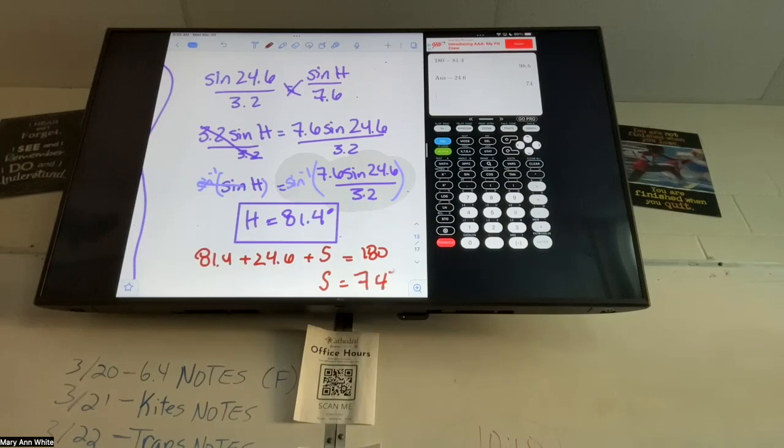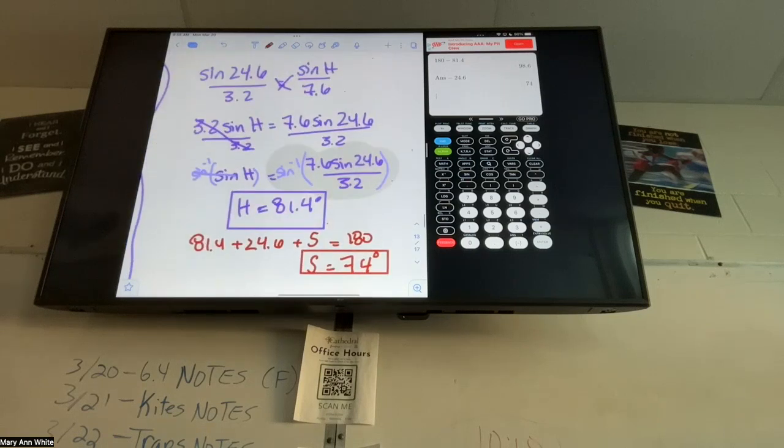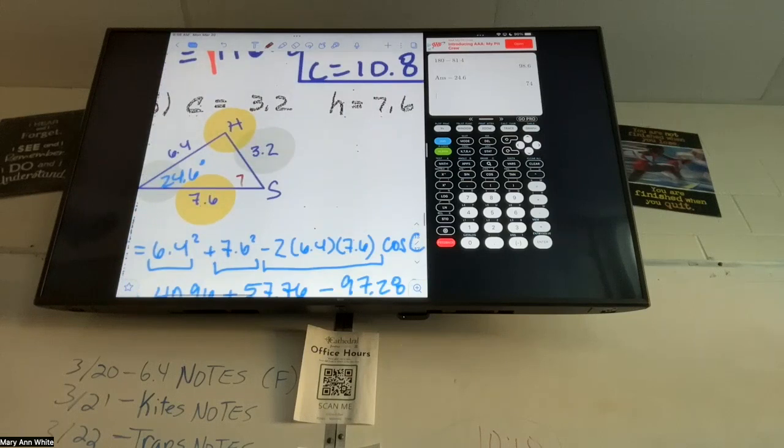Also got my work for angle S on the board too, with my picture. Anybody have any questions on what you see so far? I'm going to label my picture, 74 and 81.4.